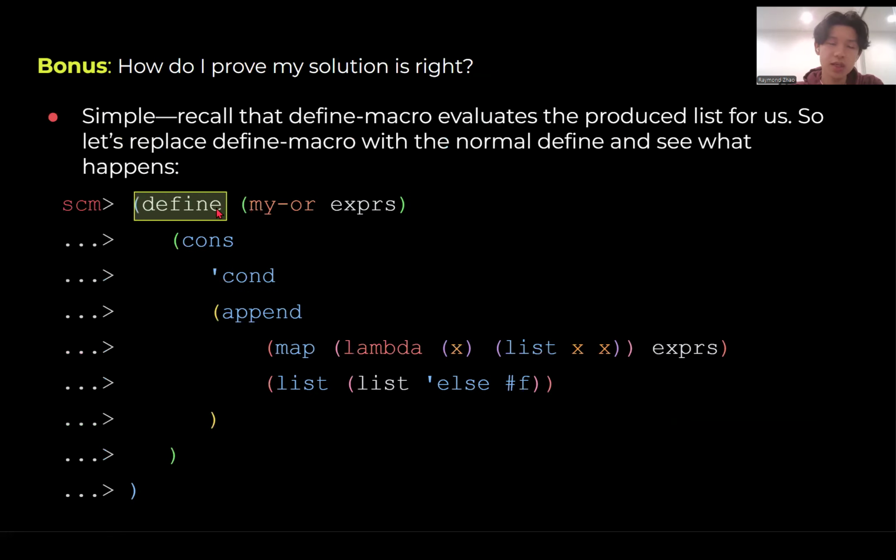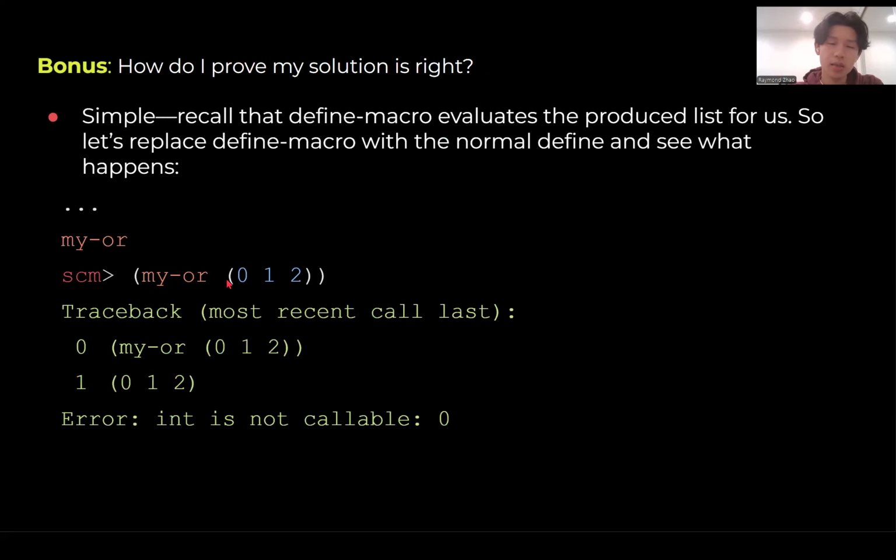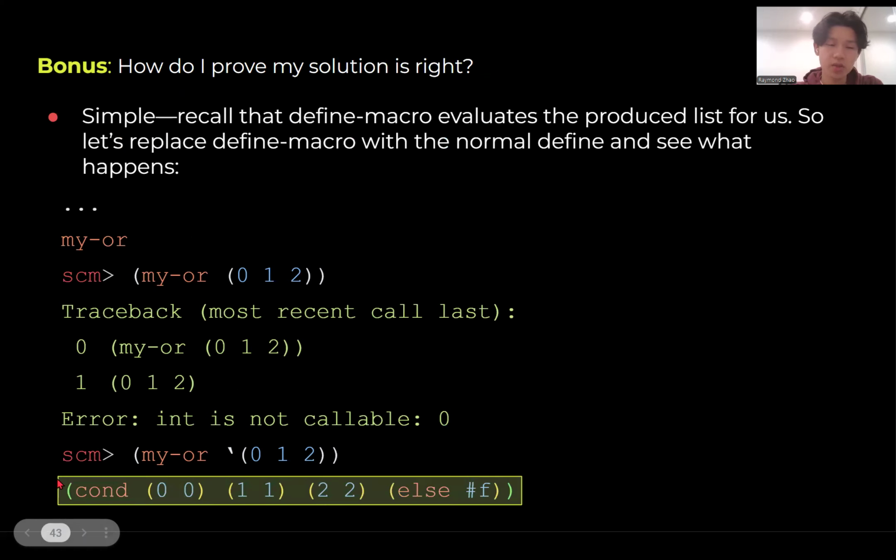So what I can do is get rid of the macro and just make it a normal procedure. And then I have to quote all my operands, because to emulate a macro, I have to leave the operands unevaluated. So if I quote my operand like this on what is no longer a macro but a normal procedure, I can uncover that middle code that our macro is actually producing.